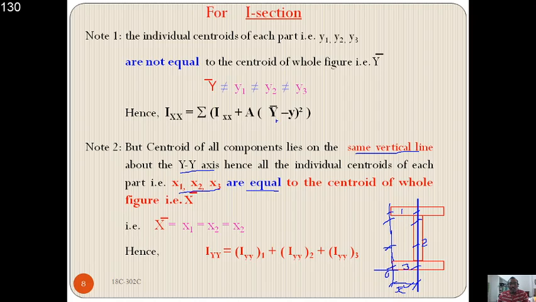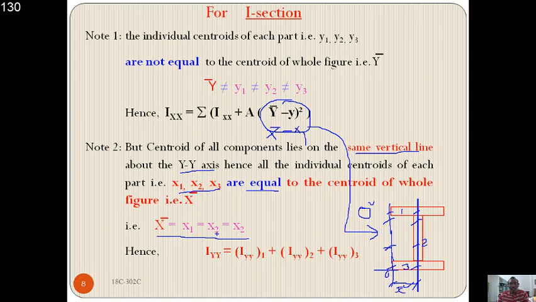Therefore, we do not require calculating the d distances. This term will vanish. In this case it will become 0, because x bar is equal to x1. So in this particular case, x bar minus x1, being the same, leads to a 0 value, right?